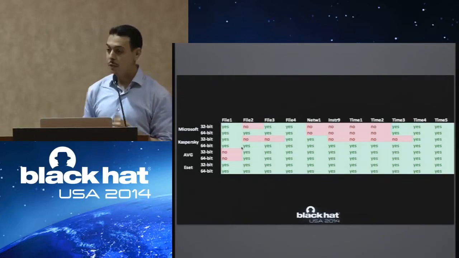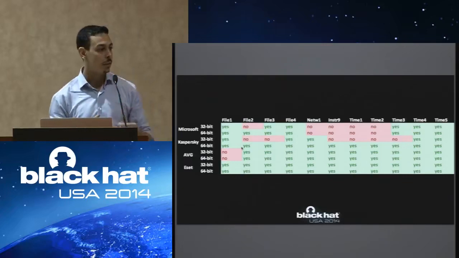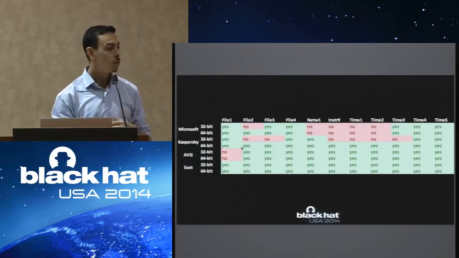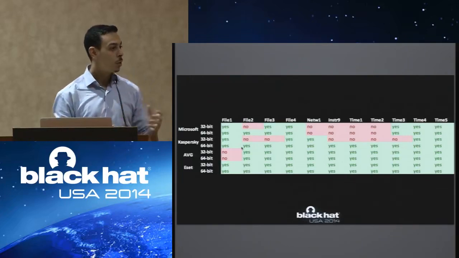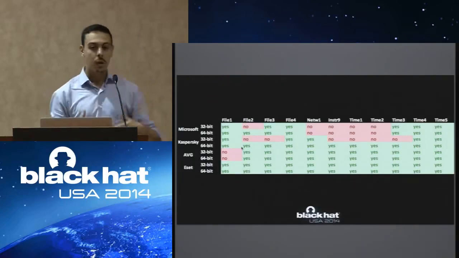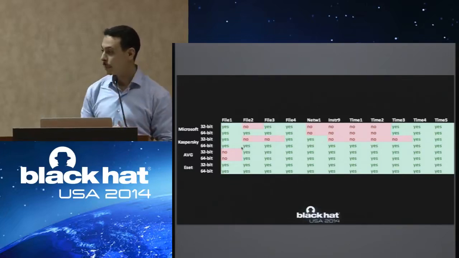The second thing that we could see is that Kaspersky emulation is lacking when it comes to 64 bits. It's very comparable to Microsoft for 32-bit, and even in some cases superior to Microsoft, which is something that we wouldn't be expecting because Microsoft is emulating their own operating system, which is not the case of Kaspersky.